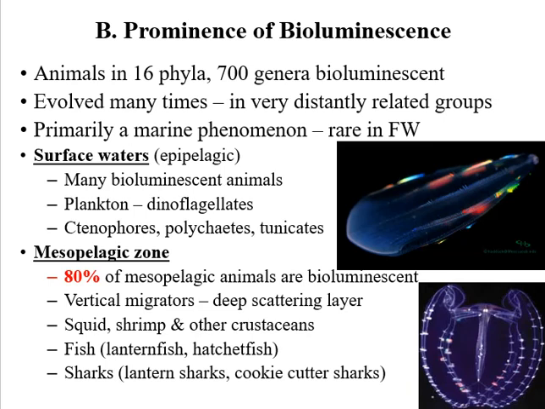And then you've got some sharks. You have lantern sharks, like lanternfish, that are bioluminescent. You've got cookie cutter sharks. A lot of the lantern sharks, most of them, in fact, don't vertically migrate. Cookie cutter sharks, on the other hand, are thought to vertically migrate.